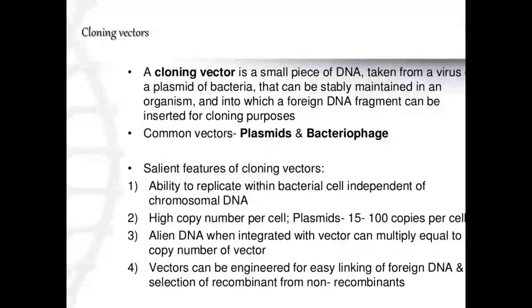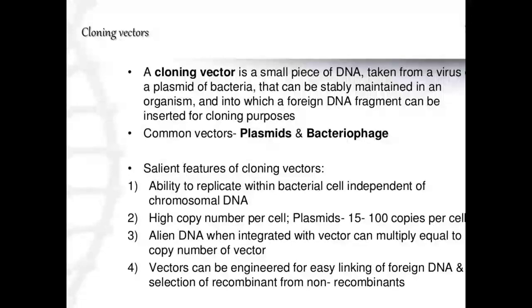A cloning vector is a small piece of DNA taken from a virus or a plasmid of a bacterium, which can be stably maintained in an organism and into which foreign DNA fragments can be inserted by the cloning process. The common vectors used for this purpose are plasmids, the extrachromosomal DNA molecules, and bacteriophages or T2 viruses.